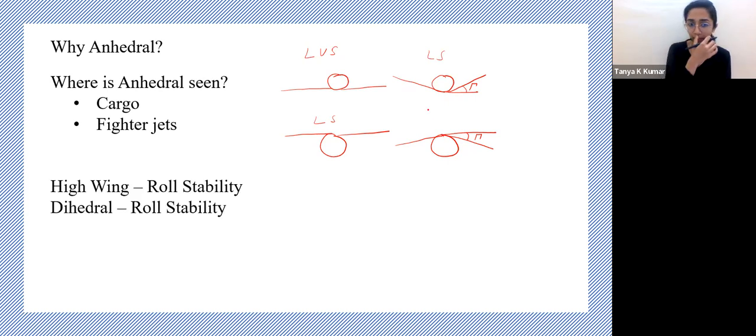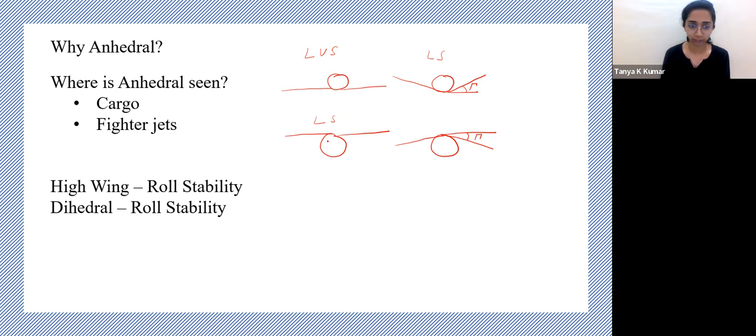So high wing and dihedral both introduce roll stability. For a high wing configuration, like in cargo aircrafts and fighter jets, it is already very stable in roll. If we do not introduce this anhedral, it becomes difficult to control. When it is more stable, it is less controllable or less maneuverable.